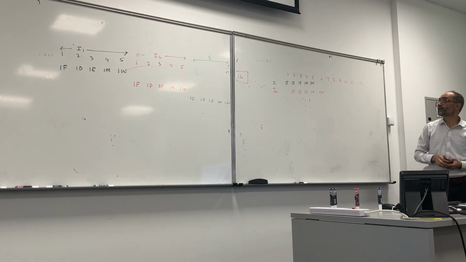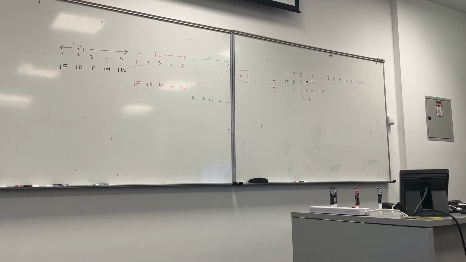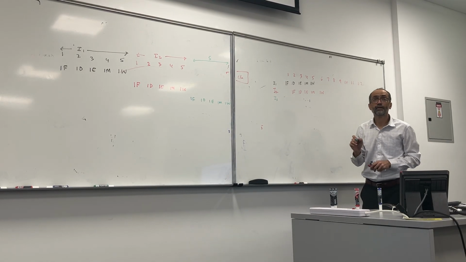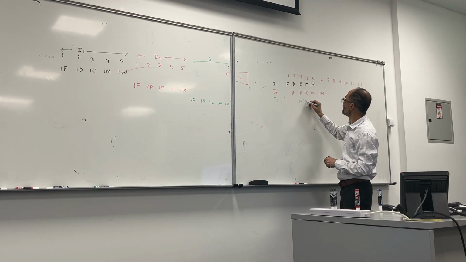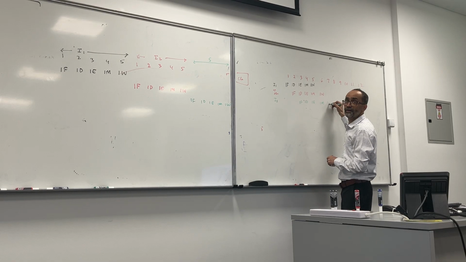What will happen in clock cycle 3? Yes. When should we fetch I3? In which clock cycle? 3. Then what? Instruction decode, instruction execute, instruction memory, and instruction write back.